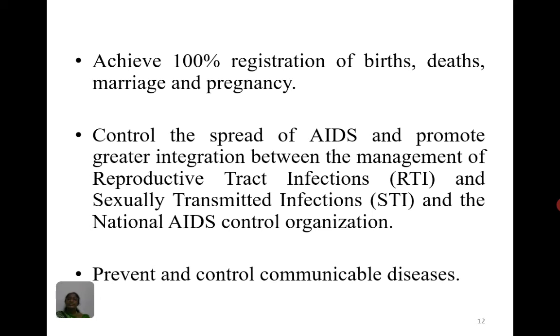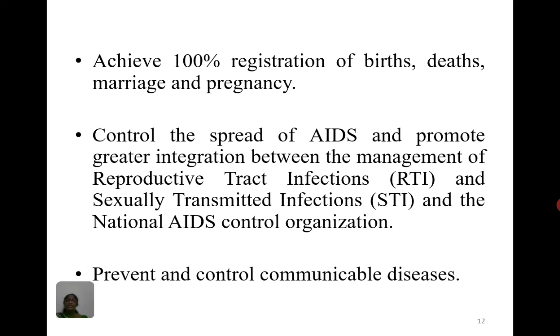Then control the spread of AIDS and promote greater integration between the management of reproductive tract infections, that is RTI, and sexually transmitted infections, and the National AIDS Control Organization. AIDS, which is acquired immunodeficiency syndrome, is spreading worldwide.